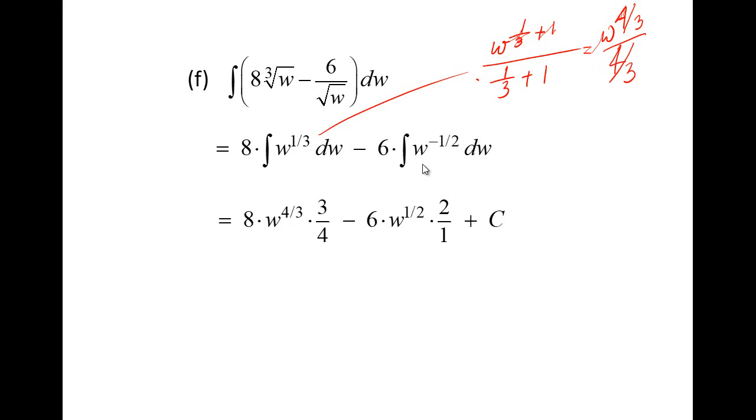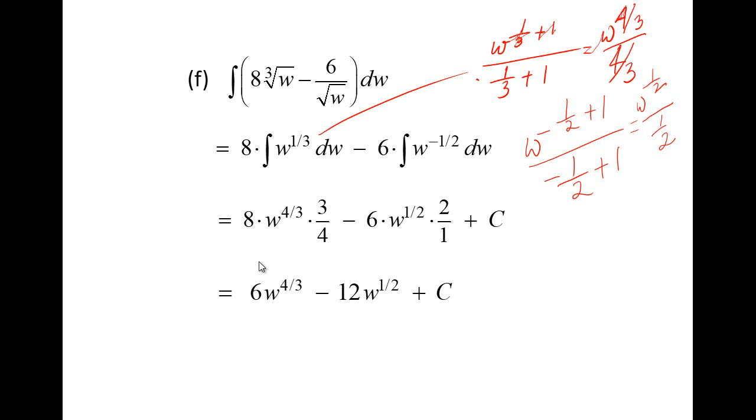this one would be w to the negative half plus 1 divided by negative half plus 1. And so that's w to the half divided by half. And when you divide by half, that's the same as multiplying by 2. So 6w to the half times 2, plus the c.